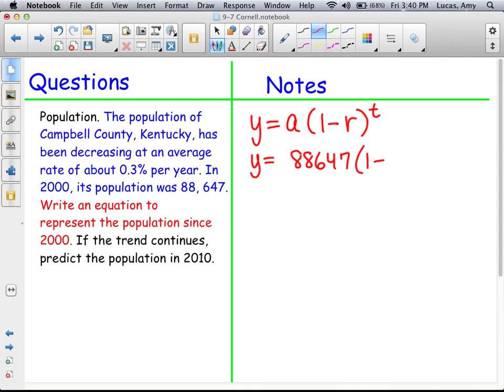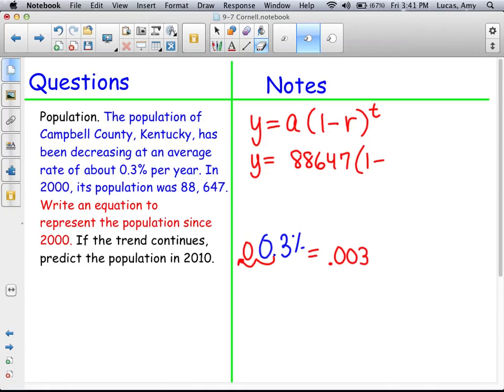Our decimal, when you look at a percent of 0.3%, I understand that there's a decimal point in that percent. That's not decimal form, though, for that number. Decimal form, we still have to move our decimal point back 2 places. So in decimal form, it would be 0.003.